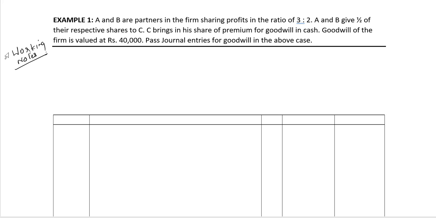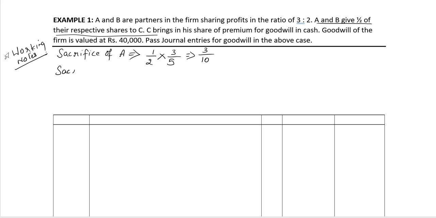It's given that A and B give 1/2 of their respective shares to C. So sacrifice of partner A is equal to 1 by half of his share, which is 3 divided by 5, which is equal to 3 divided by 10.